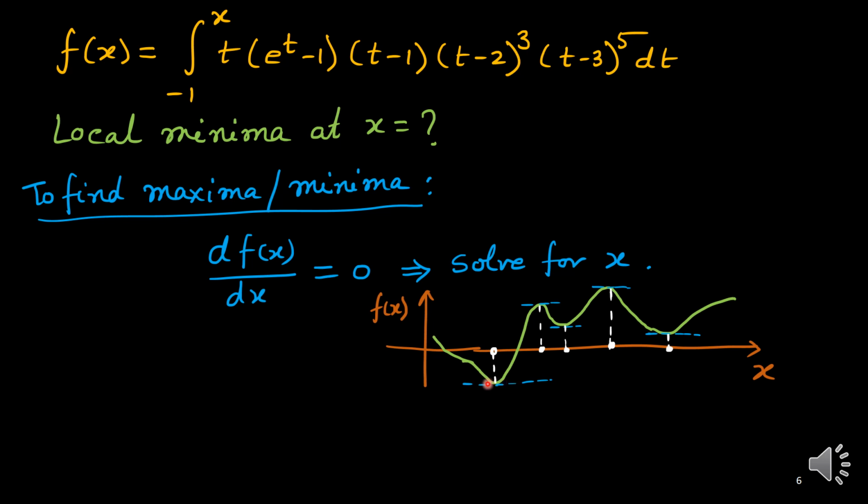So here it is a 0 slope, here 0 slope, here 0, here also 0, here also derivative is 0. So 0 slope or derivative 0 will imply that it is having maxima or minima, right? So from this graph we can identify easily that it can have maxima or minima at those points.